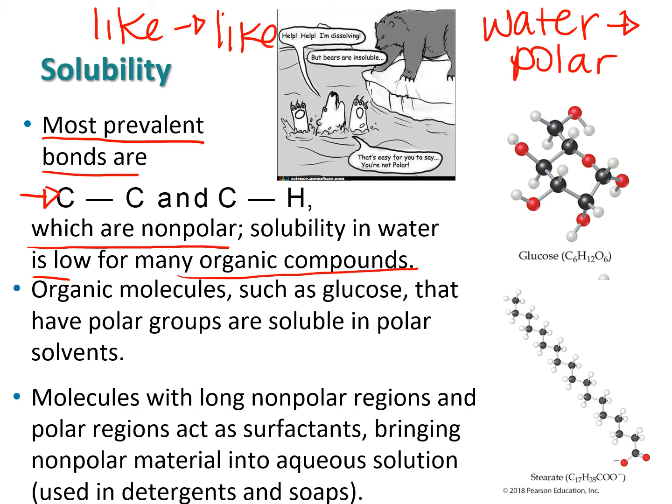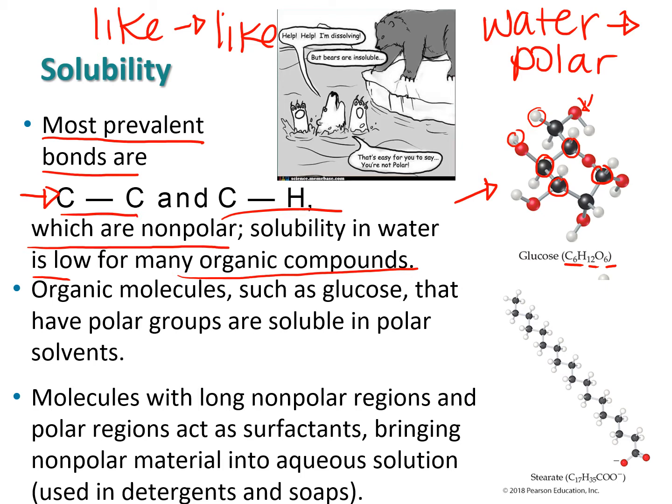Organic molecules like glucose, which contains carbon, any of these black circles in these space-filling models are carbons. They contain hydrogens as well. Any of these white circles are hydrogens, and the red are oxygens. So you can see that it contains nothing but carbon, hydrogen, and oxygen. Although it is an organic molecule containing single CH and CC bonds all throughout, it has groups within it.